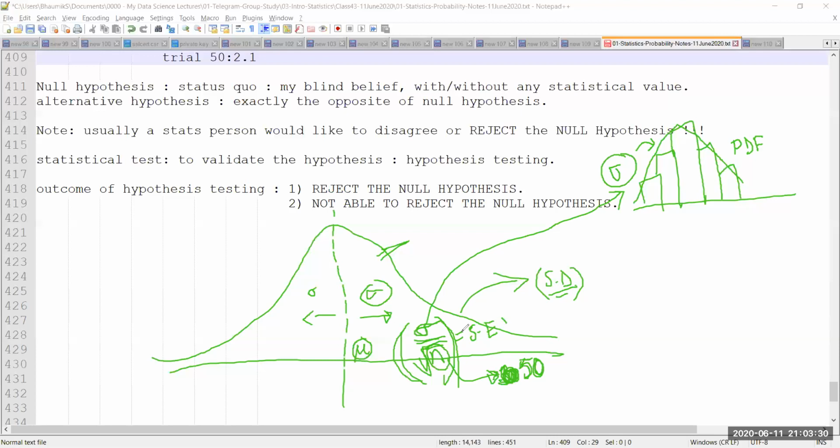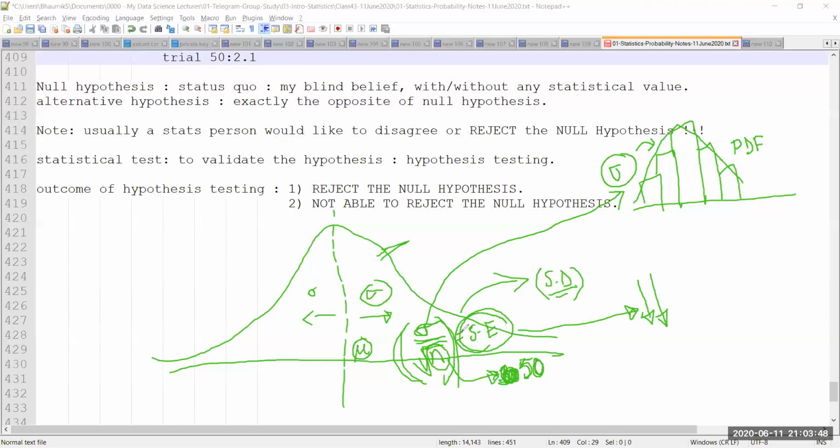Because I'm trying to decrease the value of sigma, statisticians have named it a standard error and not standard deviation. This is the property that governs the central limit theorem. The intention is to minimize the standard error as much as possible.